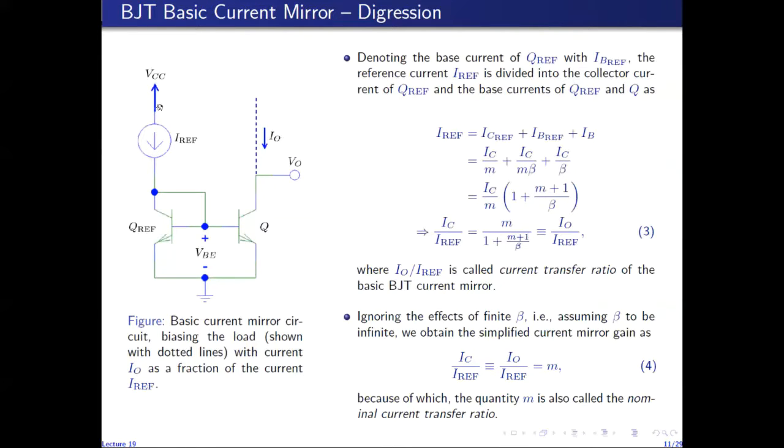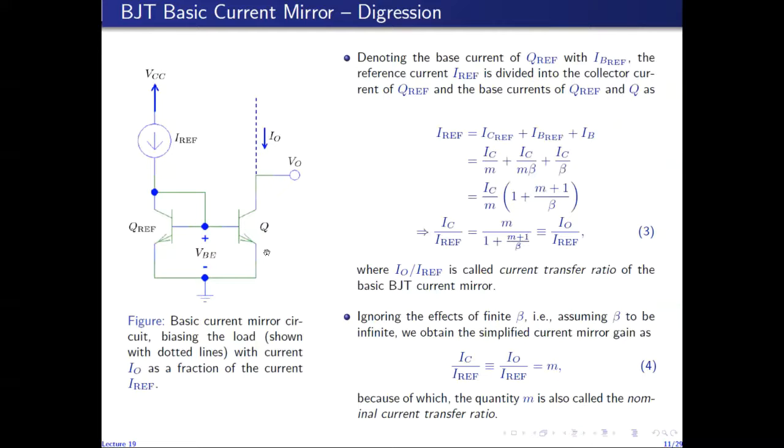So this is the copied current from the reference branch. If M is 1, then we get an exact replica of IREF in this branch.